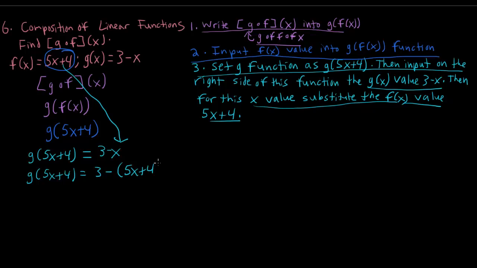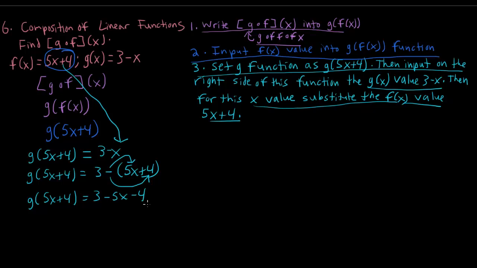And we can just go ahead and distribute out this negative sign onto both of these terms. So we end up with g of 5x plus 4 equals 3 minus 5x minus 4.